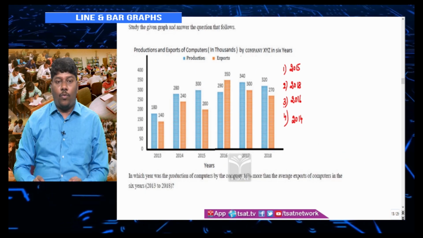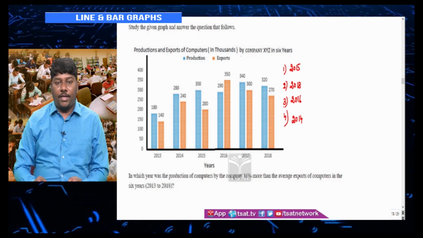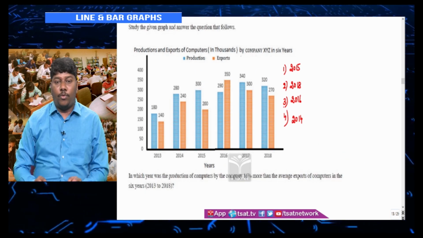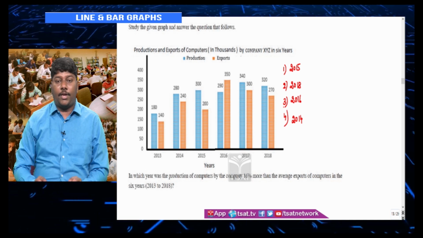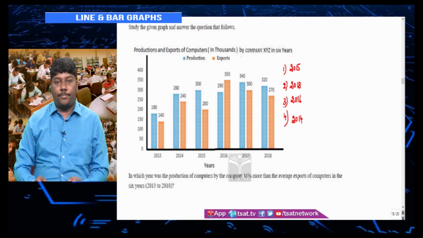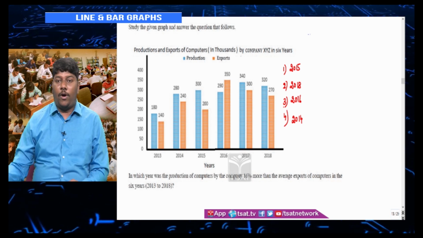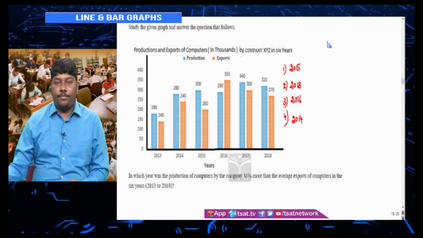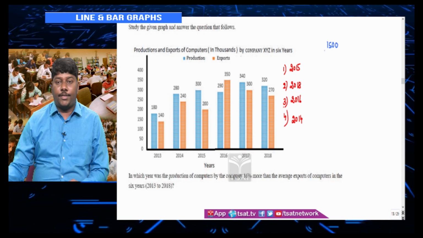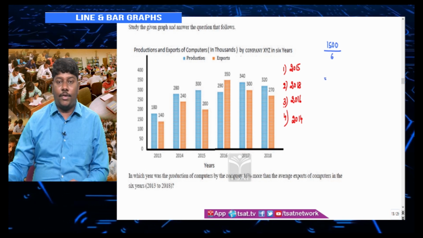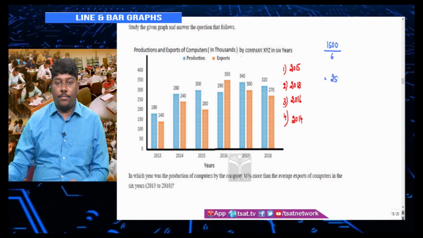In which year was the production of computers by the company 16% more than the average exports of the computers in 6 years? Just now we have seen the total exports of all 6 years is 1500. You just divide it by 6, you will get the average. On an average it is 250.